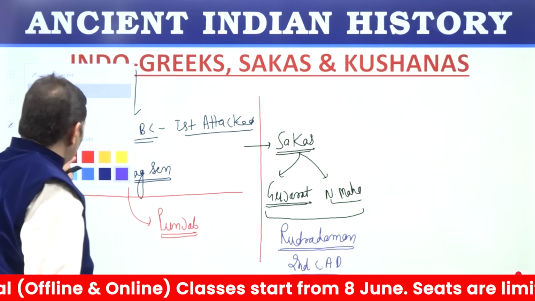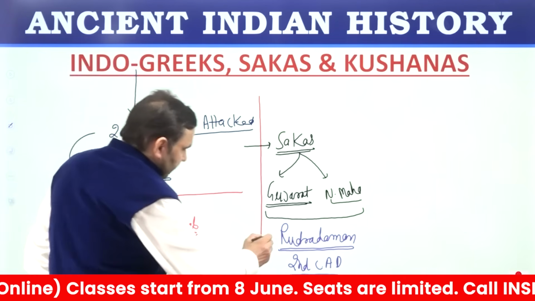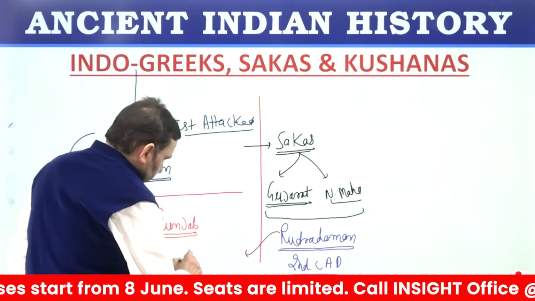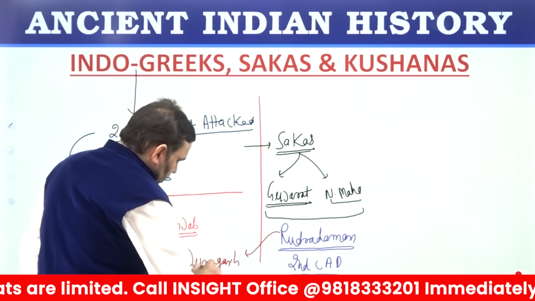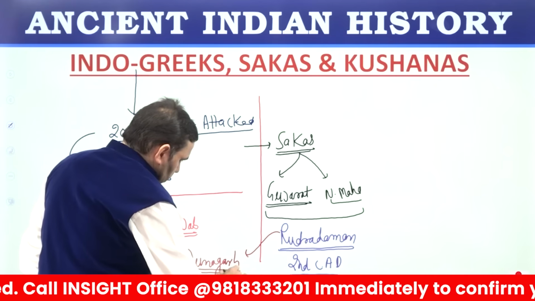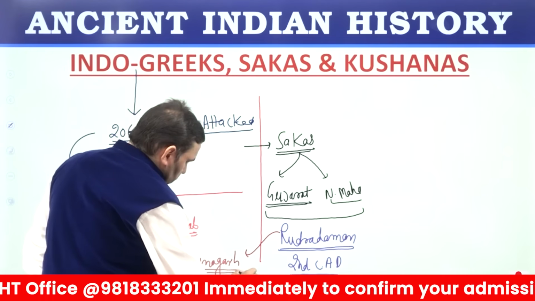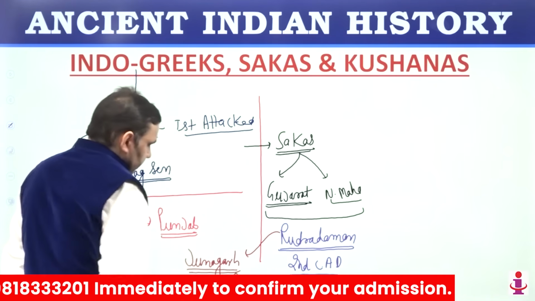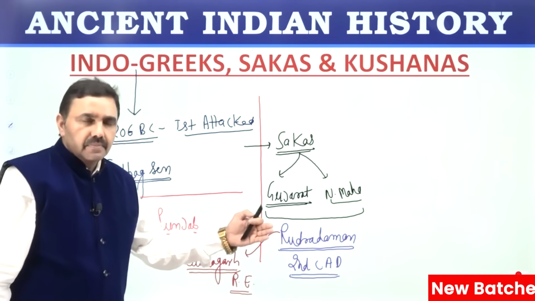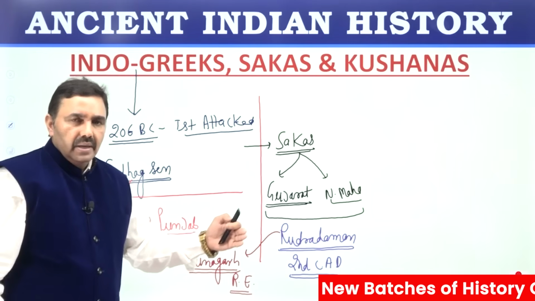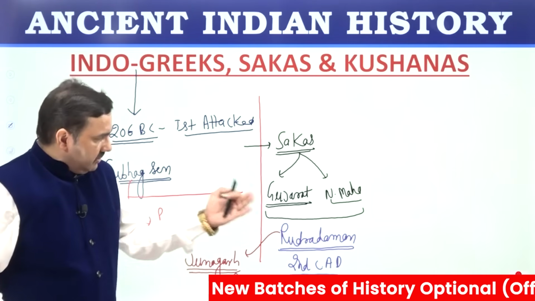And this information about Rudradaman comes from his inscription known as the Junagadh rock inscription. Rock because this is cut onto the rock, or Junagadh rock edict. There was one Junagadh inscription of Ashoka also, and there is another Junagadh inscription of Rudradaman also.